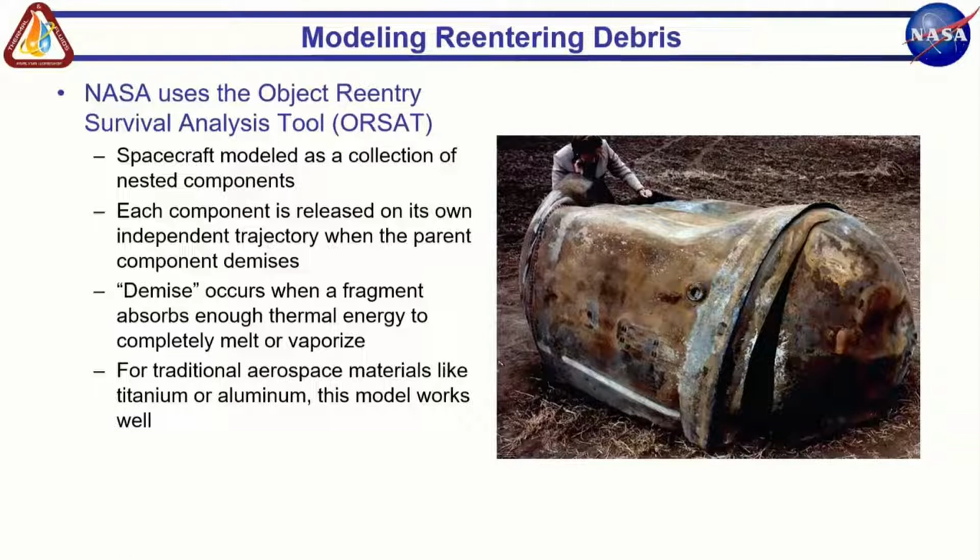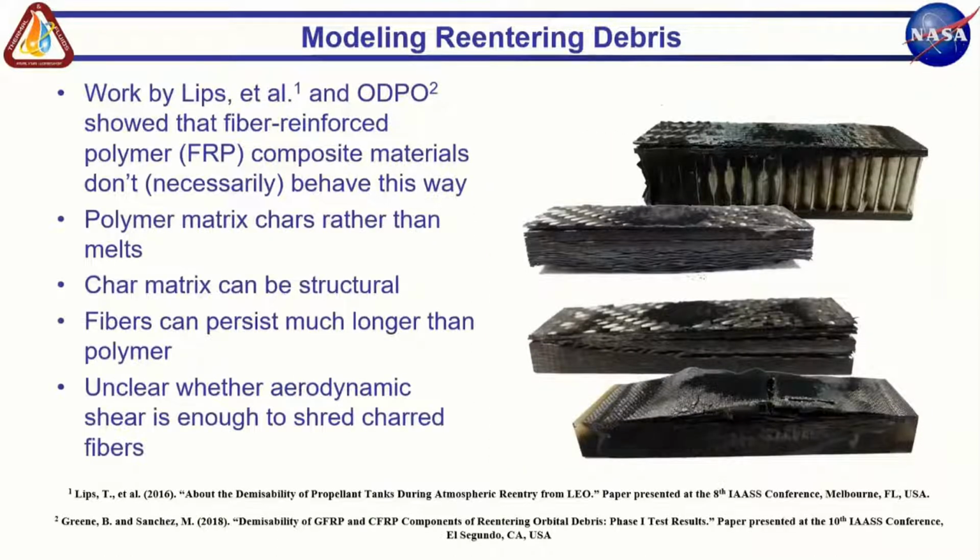For traditional aerospace materials like titanium or aluminum, this melting or vaporization model works really well. However, for things like carbon fiber and glass fiber and Kevlar materials, this model does not necessarily work as well.